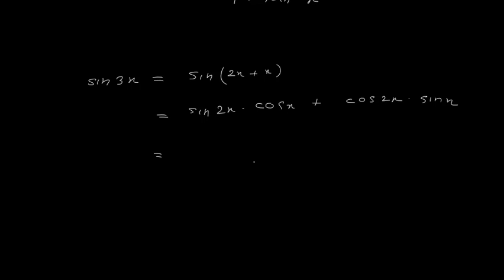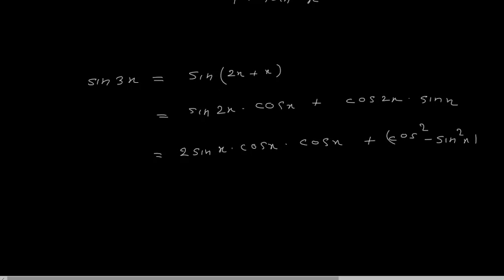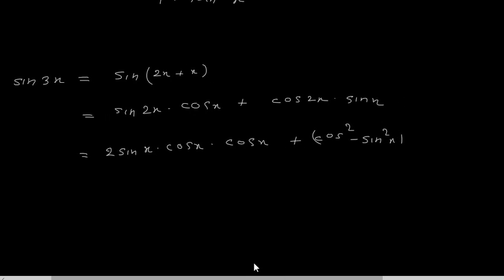So sin 2x is 2 sin x cos x. Let us write this as 2 sin x into cos x into cos x, plus cos 2x can be written as (cos square x minus sin square x) into sin x.